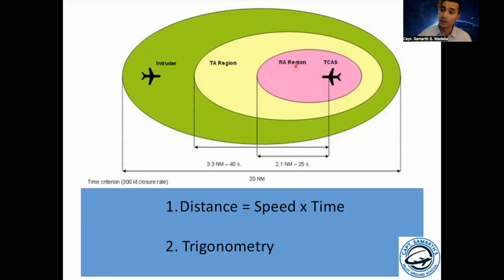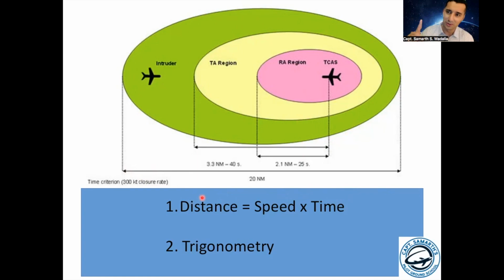The same goes for the resolution advisory bubble as well. It will take your closure rate of 300 nautical miles per hour and place it into speed, and it will take the 25 seconds of the resolution advisory bubble and place it into time and create a distance of 2.1 nautical miles. Whatever is the answer will be the distance at which your RA bubble will be placed.